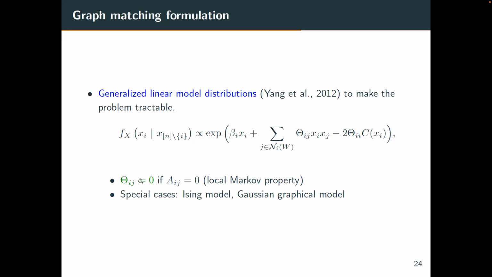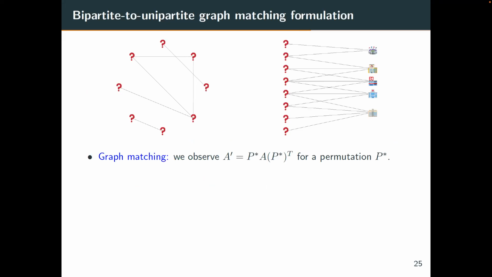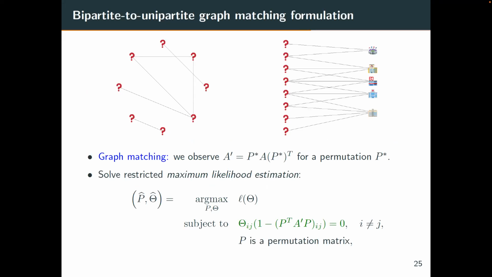In principle, we could try to estimate theta using any graphical model approach. But as I will show you later, this will usually result in worse performance than trying to estimate everything jointly.